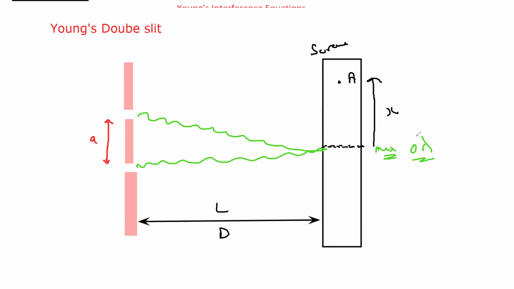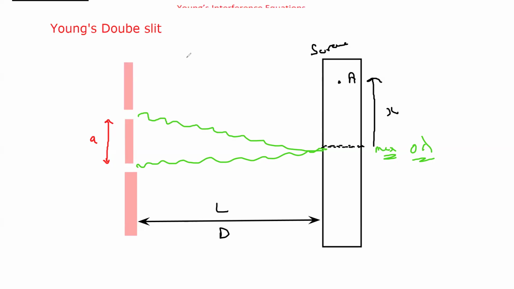So the formula which relates the wavelength of the wave we use, the spacing between the slits, and the distance from the central maxima to the point where we are observing is: the wavelength equals AX divided by D. This is the formula you have to memorize.